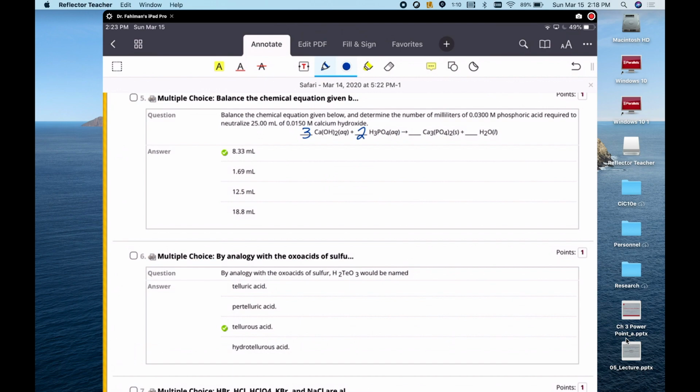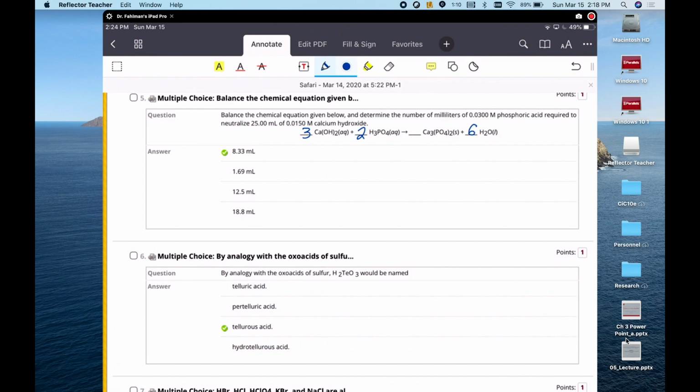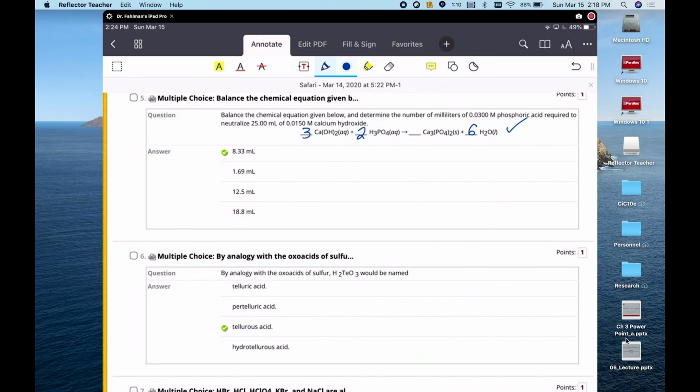On the left side, we've got 6, another 6, so 12 hydrogens. So that means we need a 6 in front of there. Now oxygens, we have 6 and 8, so 14. And then we've got 8 and 6. Yep, so balanced.